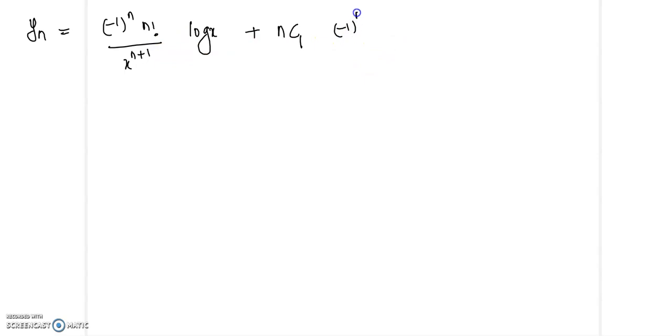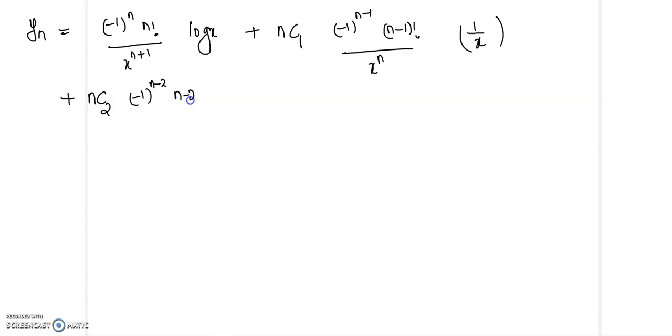So that is minus 1 raised to n minus 1 n minus 1 factorial by x raised to n, into the first derivative of log x, 1 by x, plus nC2, then the n minus 2th derivative. So that will be minus 1 raised to n minus 2 factorial by x raised to n minus 1.